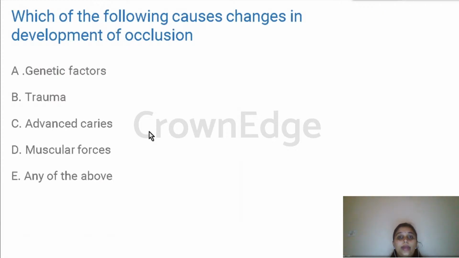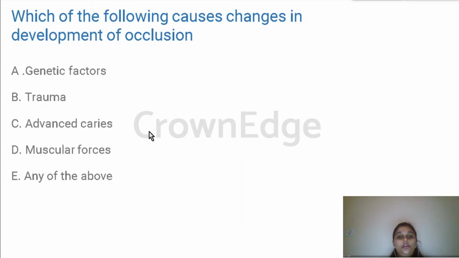Which of the following causes changes in development of occlusion? A. Genetic factors. B. Trauma. C. Advanced caries. D. Muscular factors. E. Any of the above. E. Any of the above is the correct answer. How?